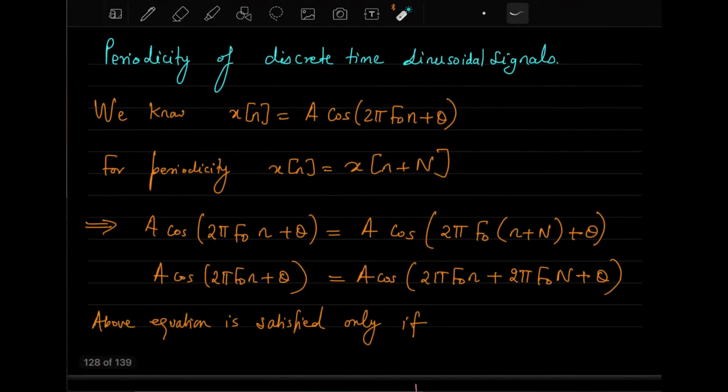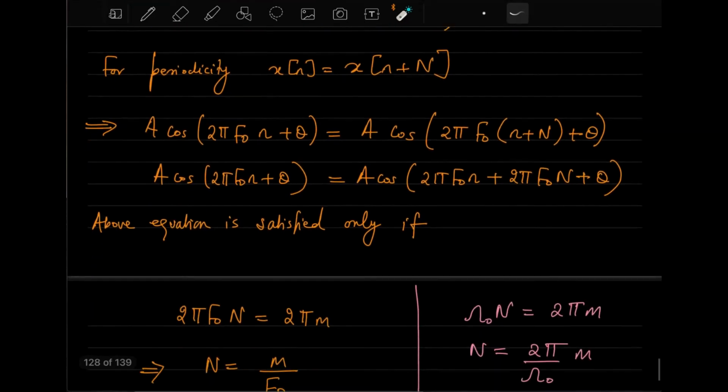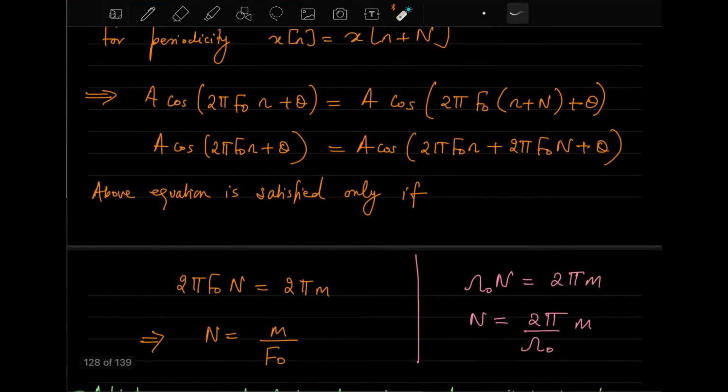Now you will substitute x[n] as this, and then you have x[n plus N] on this side. In order to make the left side equal to the right side, the only thing you have to tackle is this factor. You know that cos and sine are 2 pi periodic, so you can apply this condition over here.